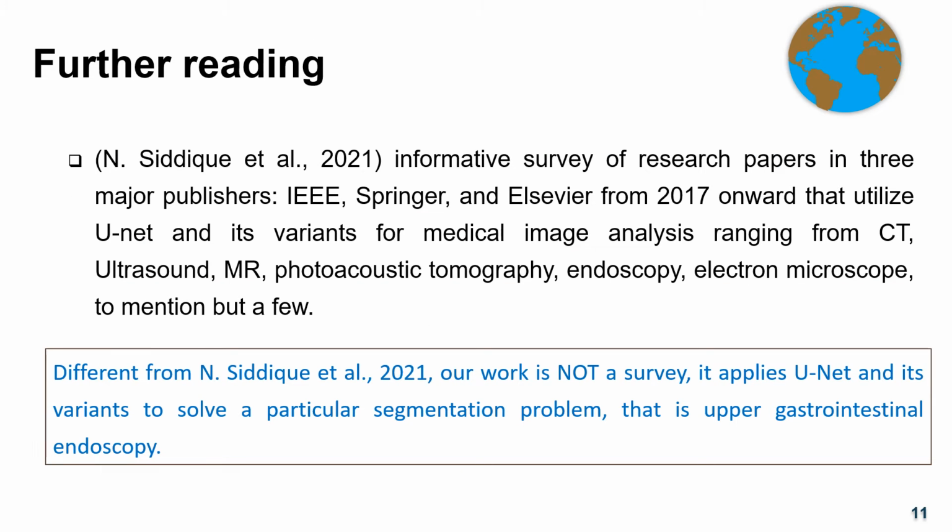For further reading, I highly recommend the paper on UNet in 2021. They have written an informative survey of research papers in 3 major publishers, IEEE, Springer, and Elsevier from 2017 onward that utilize UNet and its variants for medical image analysis ranging from CT, ultrasound, MR, photoacoustic tomography, endoscopy, electron microscope, to mention but a few.